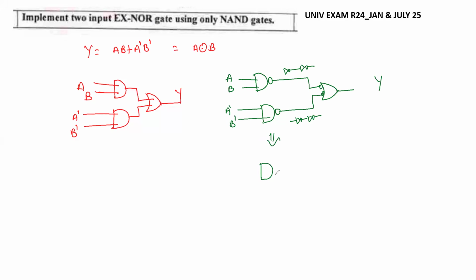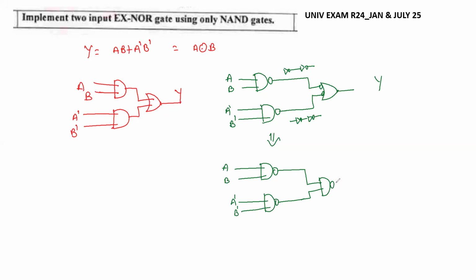We have the AND gate, that is now a NAND gate. Again another NAND gate. You don't want to write A and B multiple times. Then you have to apply the inverter, and that inverter you have to write in terms of NAND gates. You have to take care of that, otherwise you can write like this also.